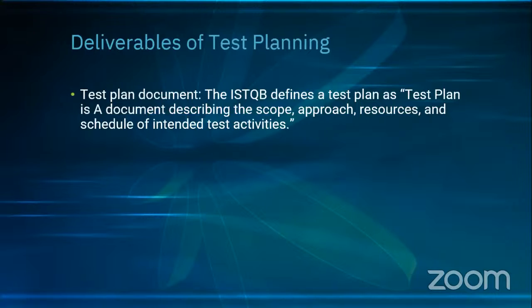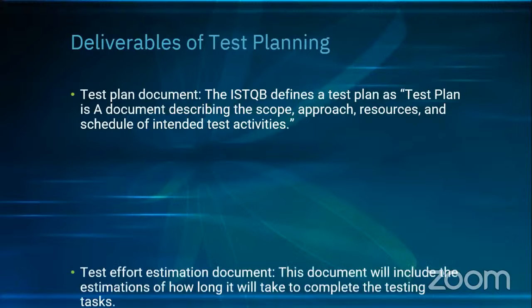In the soft copy of the textbook that we have sent to you, the one we use, there is a section on test planning, where you can read and look at the approach. So what are the things in the test plan? Scope, approach, resources, and schedule. These are the things that are expected in your test plan.